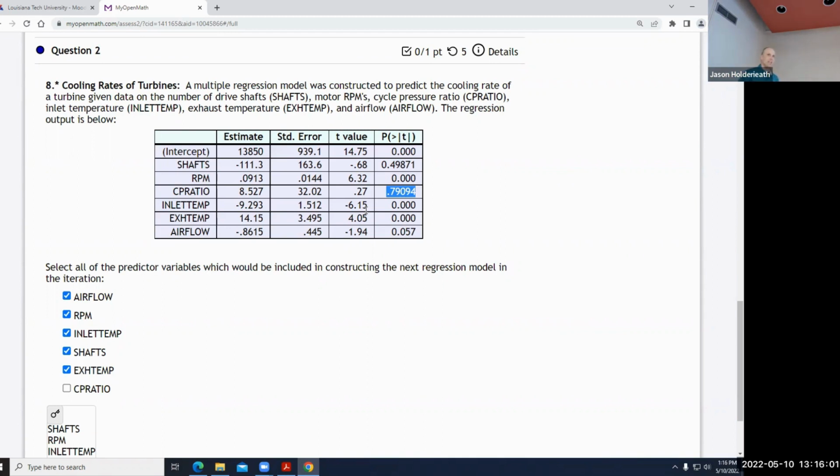If you want me to dig, I can, but it's not something I'm going to be doing on the final exam, because I don't think you should be removing variables in the first place. If CP ratio is important as a social scientist, you leave CP ratio. If all you're trying to do is predict, that's a different story. But don't always agree. But all right, so that's the homework.